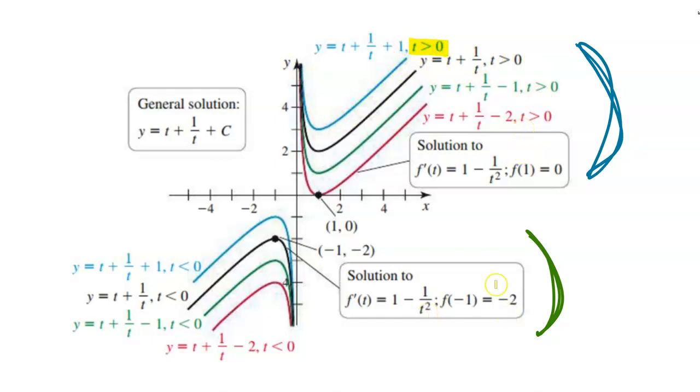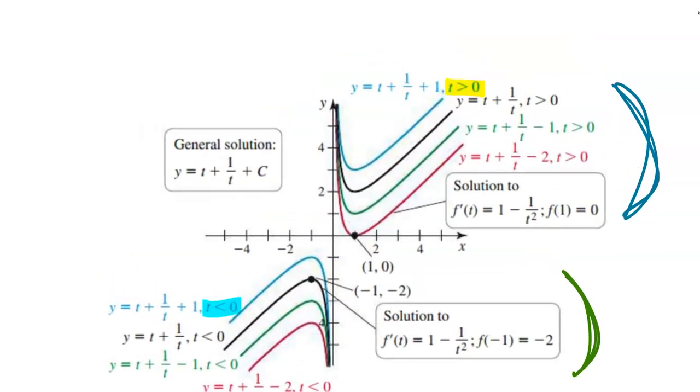But with our second initial condition, f of negative 1 equals negative 2, we would have to have the constraint that t is less than 0 because of that vertical asymptote at the y-axis. So be very careful in all the different wordings that we're using. The equation itself is the differential equation, and then we have the initial condition, and then we also have the constraints. So be careful.